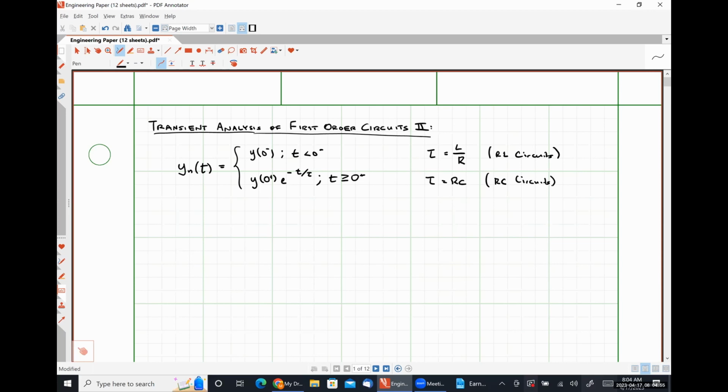Okay. So what we're going to be focusing on today is what's called the total response of first order circuits. Our total response, Y of t, is simply going to be the sum of our natural response Yn plus our forced response Yf.